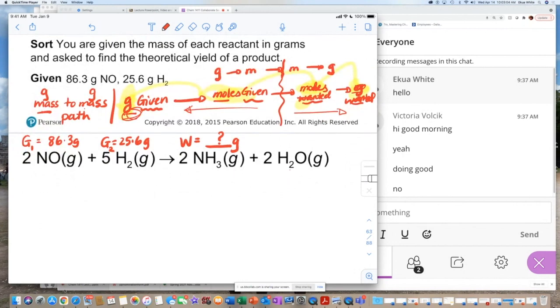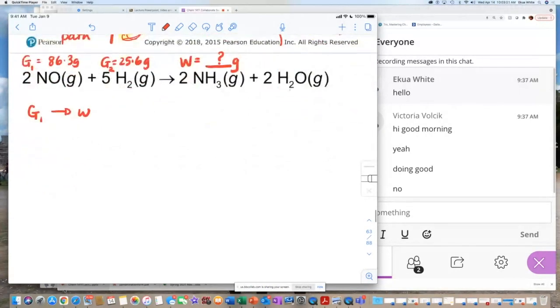Okay, so what do we do now? Remember, for stoichiometry, we only need two formulas, one given, one wanted. But what do you do when you have two givens? Split it up. So we're going to do our first stoichiometry with given 1 all the way to our wanted. Then we'll make our stoichiometry again with given 2 all the way to wanted.